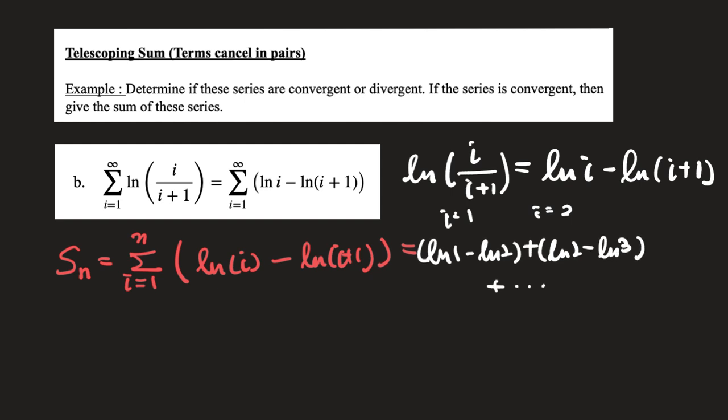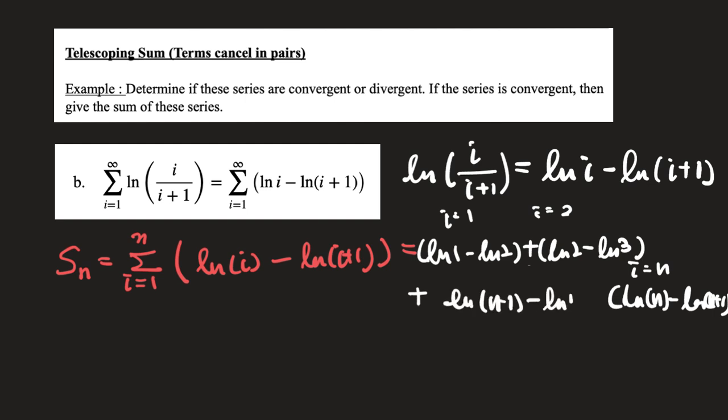Keep going to i equal n, ln n minus ln of n plus 1. Before the last term, i equals n minus 1 right here, ln of n minus 1 minus ln n. See that? This one is i equal n minus 1.